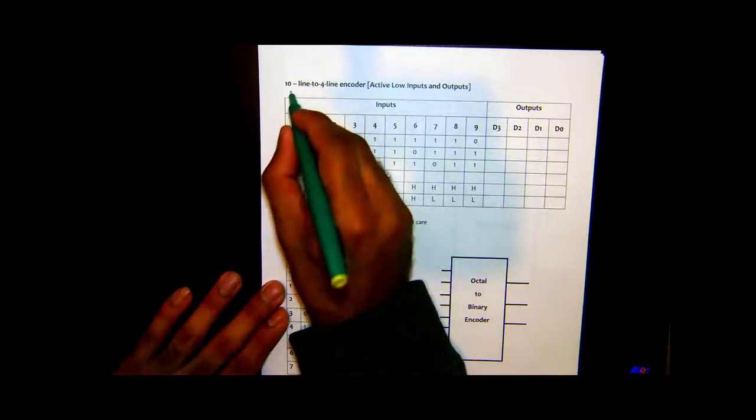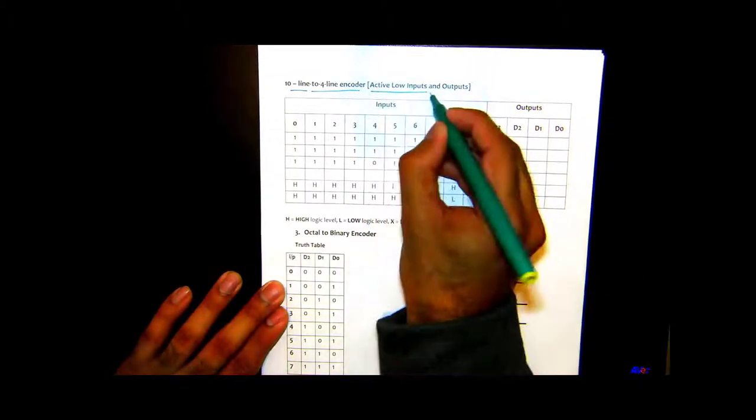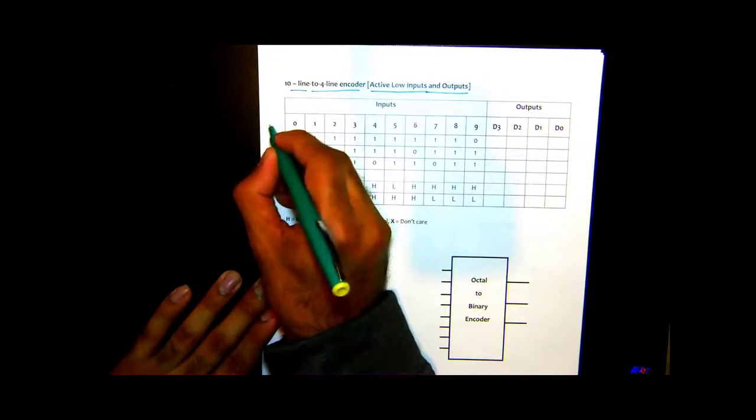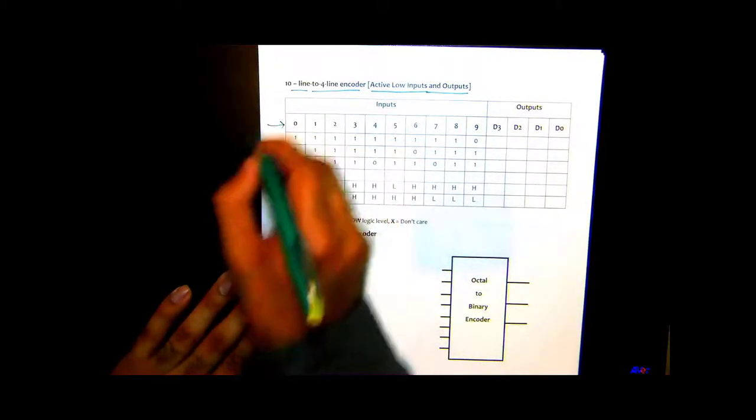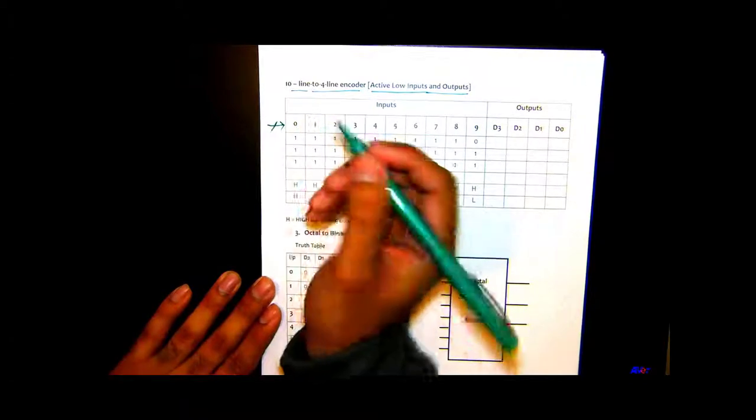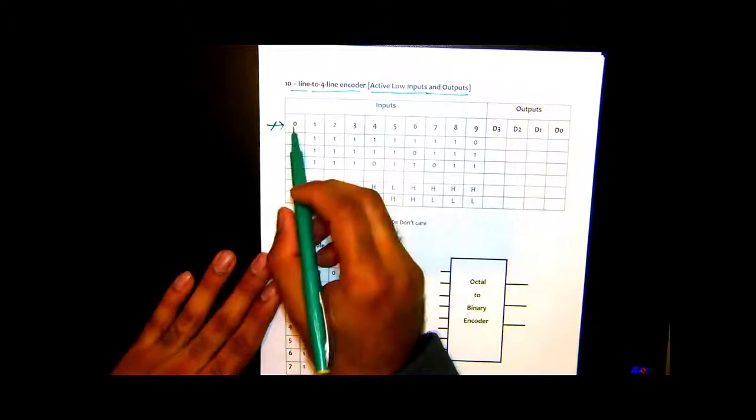So in this example, it's a 10-line to 4-line encoder, and the active low inputs and outputs are also active low. So these are our data lines. If I have this arrow and this slash right here, it means it's an array and it's got bits from 0 to 9.